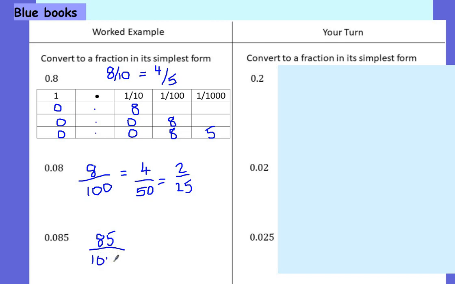Because to simplify a fraction, we need to start with a whole number on the top. I can then divide top and bottom by 5. That would give me 200 on the bottom. And 17 on the top. And that's my simplified version.